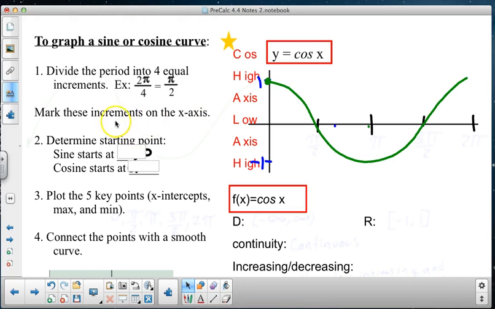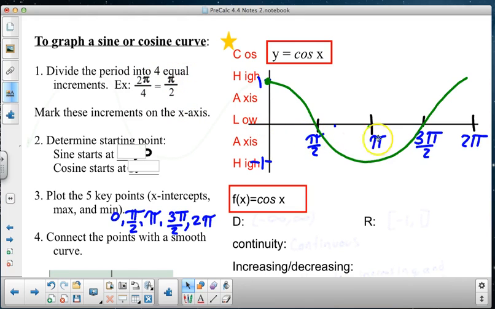But again, we're going to mark these increments of dividing our 2 pi period up into 4 equal parts that are pi over 2 apart. Okay, and again, it's going to be 0, pi over 2, pi, 3 pi over 2, and 2 pi. Again, these are quadrantal values. Sine again started at (0, 0), and I should probably have parentheses around that.